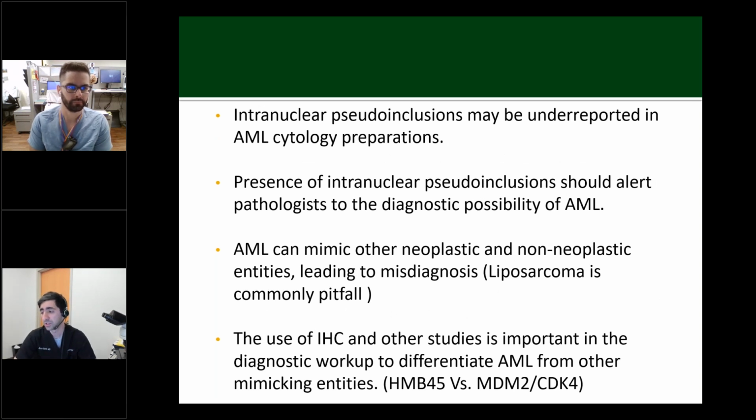Most descriptions of angiomyolipoma cytology preparation are focused on the major angiomyolipoma components. There are also intranuclear pseudo-inclusions, discussed earlier, maybe also underreported in these entities. While intranuclear pseudo-inclusions are not entirely specific and may be seen in other tumors, their presence should alert the pathologist to the diagnostic possibility of angiomyolipoma.